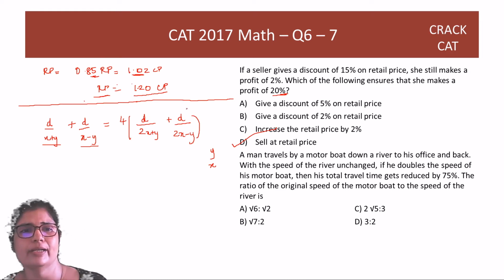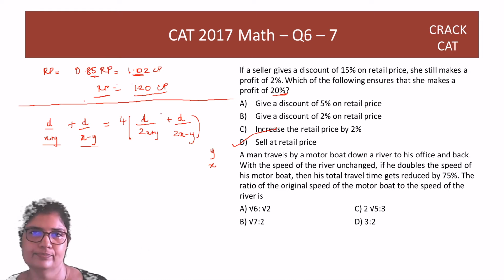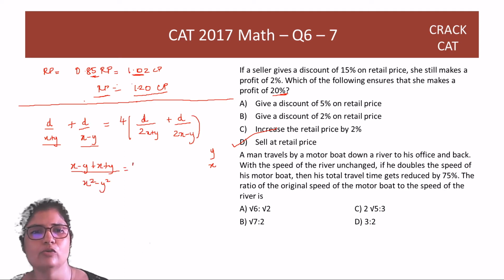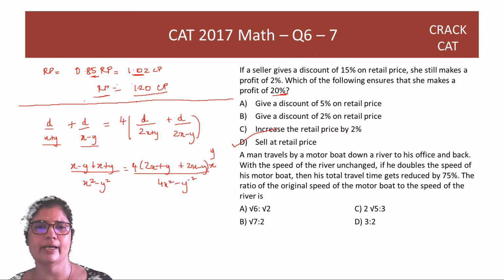So from all this you can get rid of d, correct? And you can cross multiply and you will get x minus y plus x plus y divided by x square minus y square is equal to 4 times 2x plus y plus 2x minus y divided by 4x square minus y square, right? So we'll just cross multiply and multiply the denominators. So this guy works out to 2x.